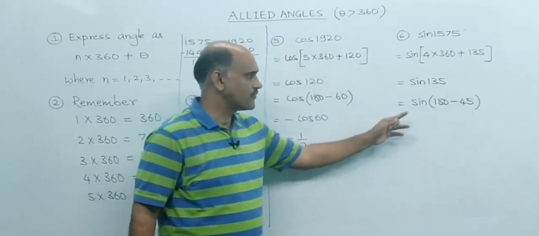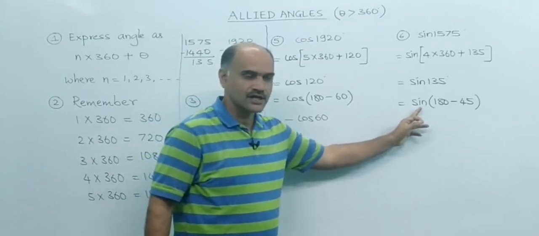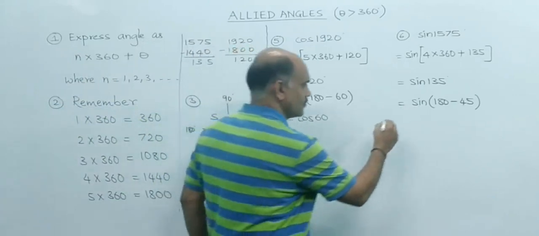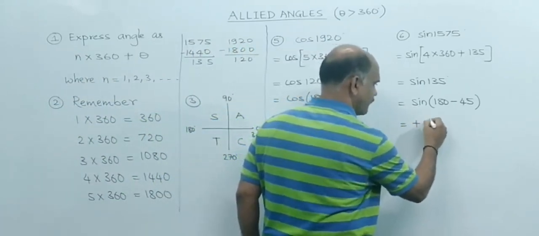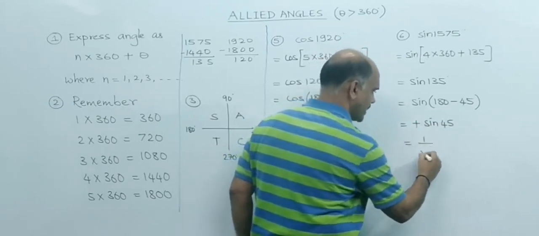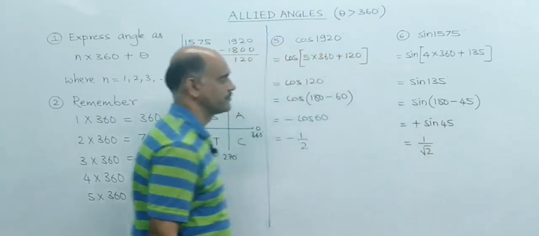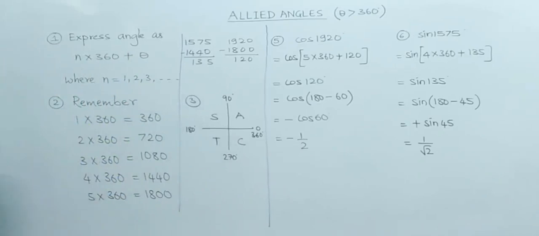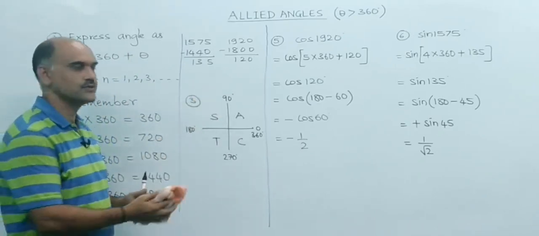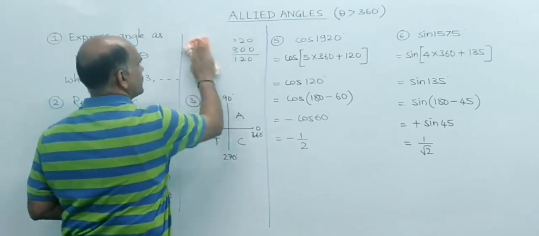In the second quadrant sine is positive. So you will have plus sine 45. Now substitute. Sine 45 is 1 by root 2. Clear, students? Again you can pause, solve these two, then we will go for the next one.